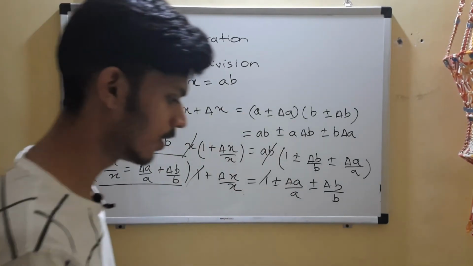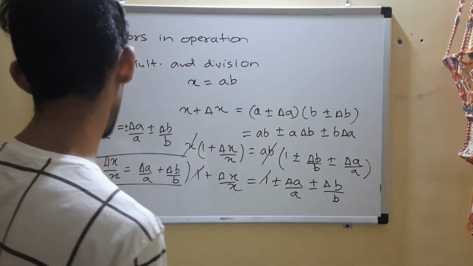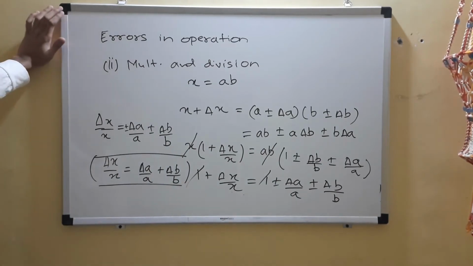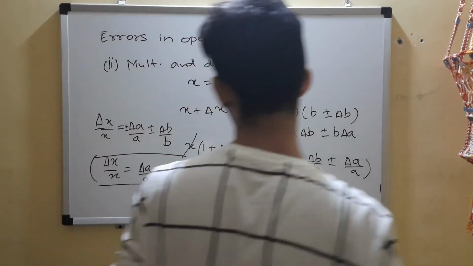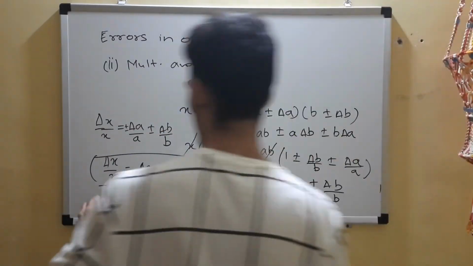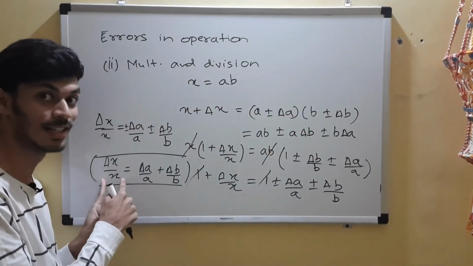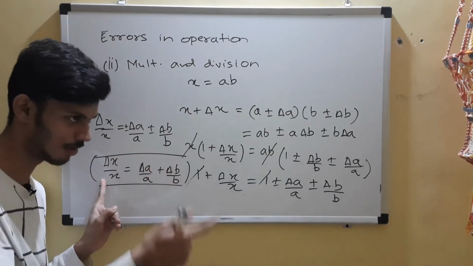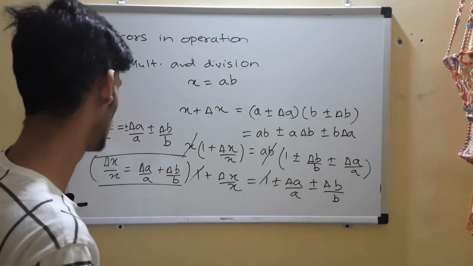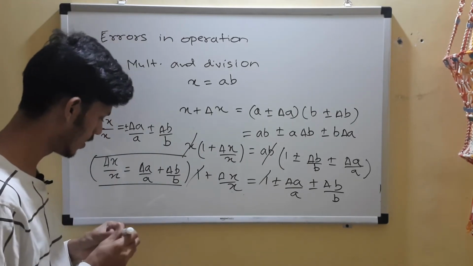Although we didn't prove it for division, we'll prove it in a while. So what does this look like? Does it strike you? This is relative error in x. You can even multiply by 100 for all the terms and say it's percentage error.